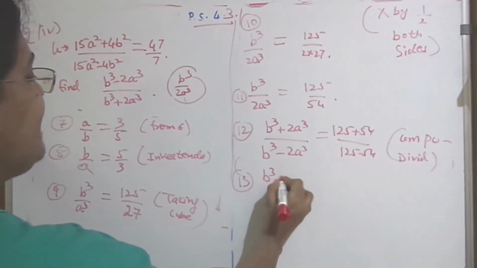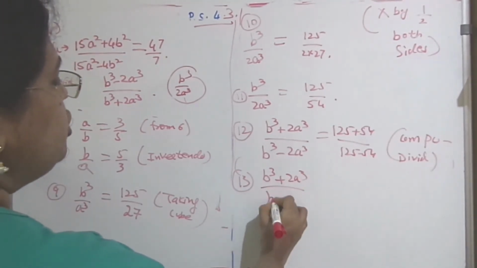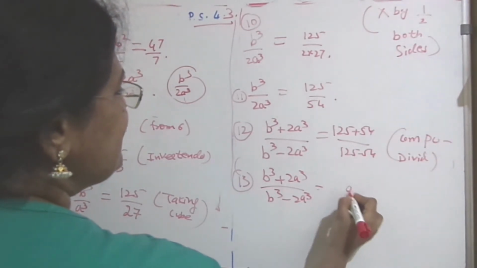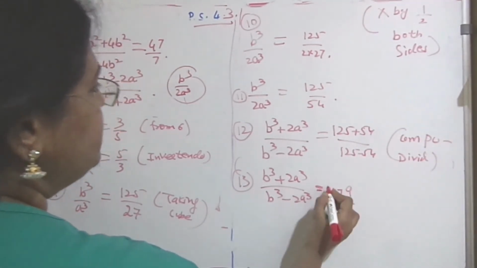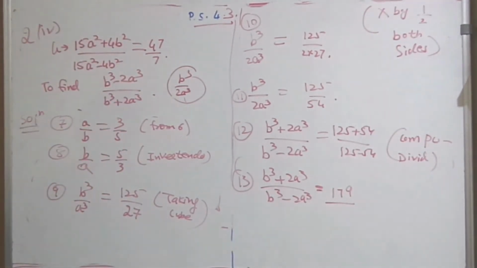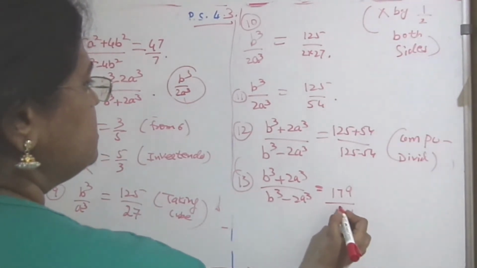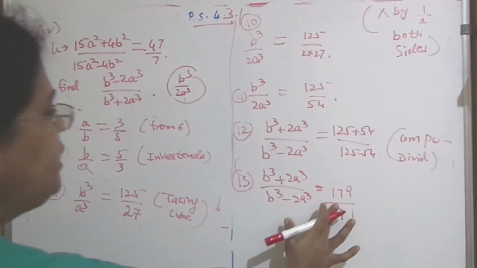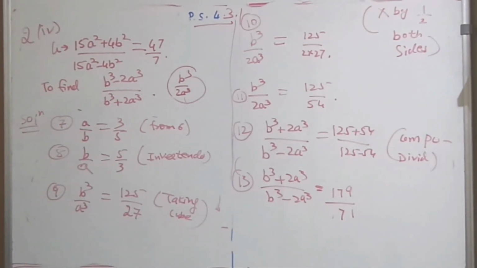So b cube plus 2a cube upon b cube minus 2a cube will be equal to 125 plus 54, which is 179, upon 125 minus 54, which is 71. Okay.